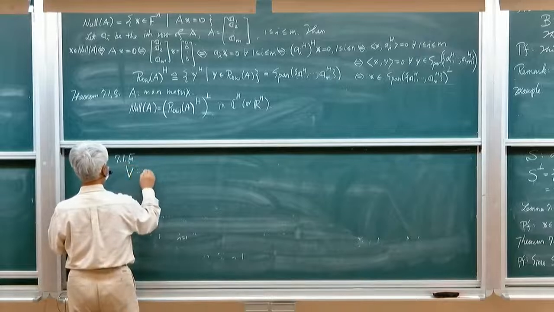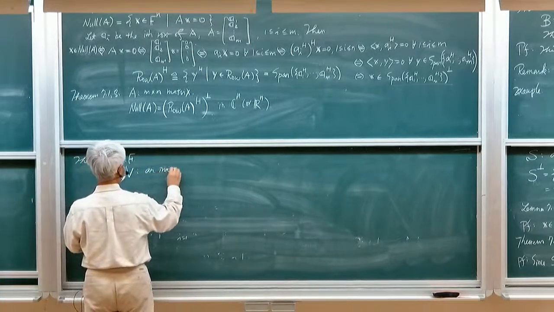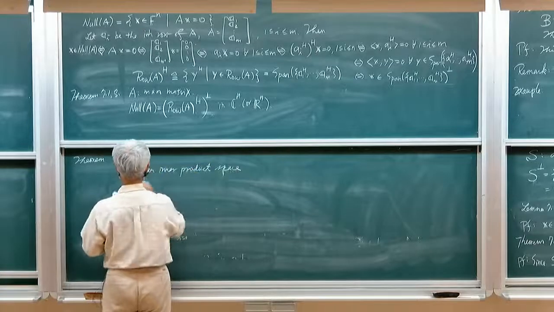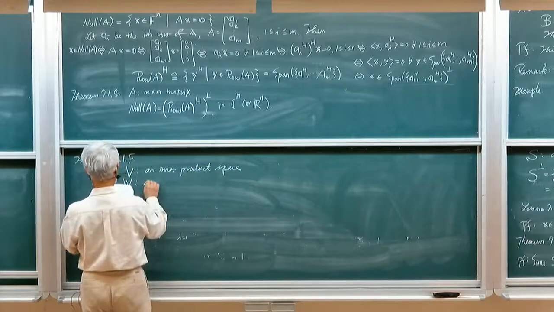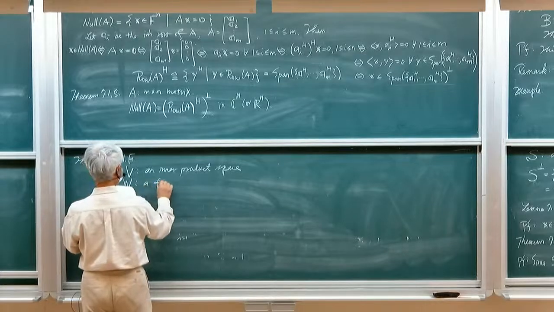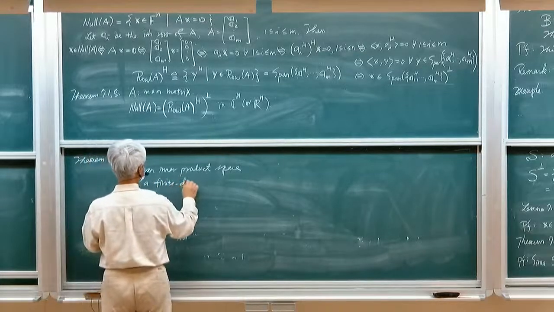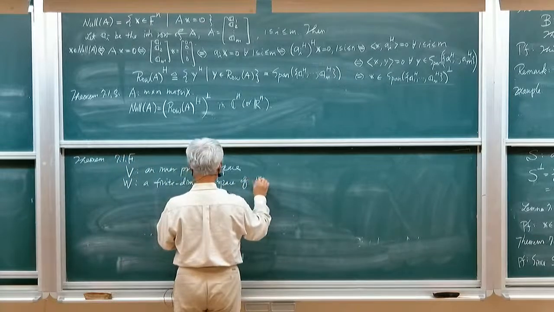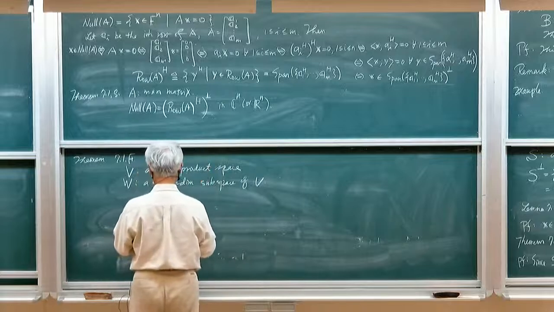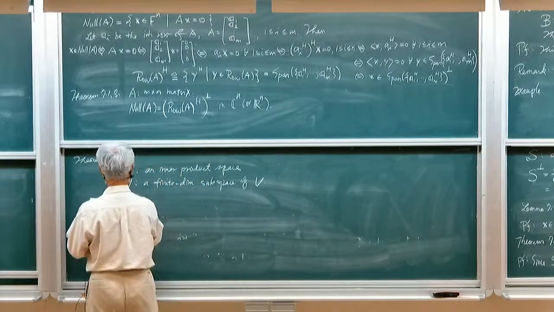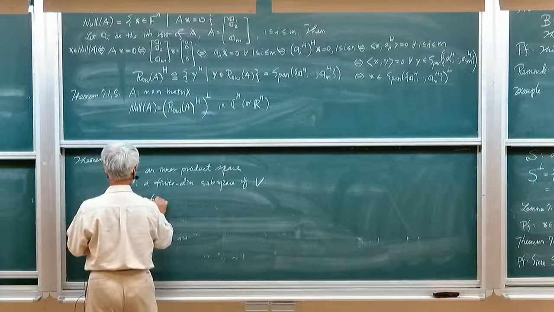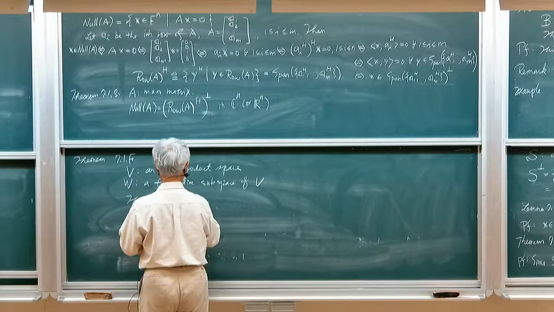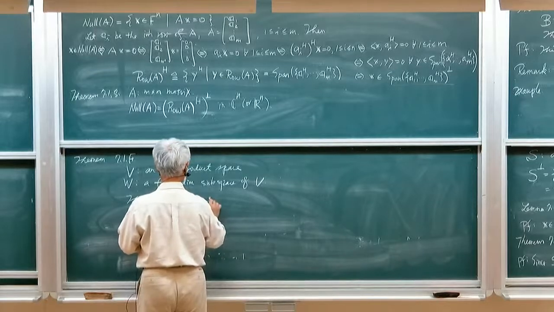All right, so V is an inner product space. W is a finite dimensional subspace of V. Now the function, the orthogonal projection, we write proj_W.